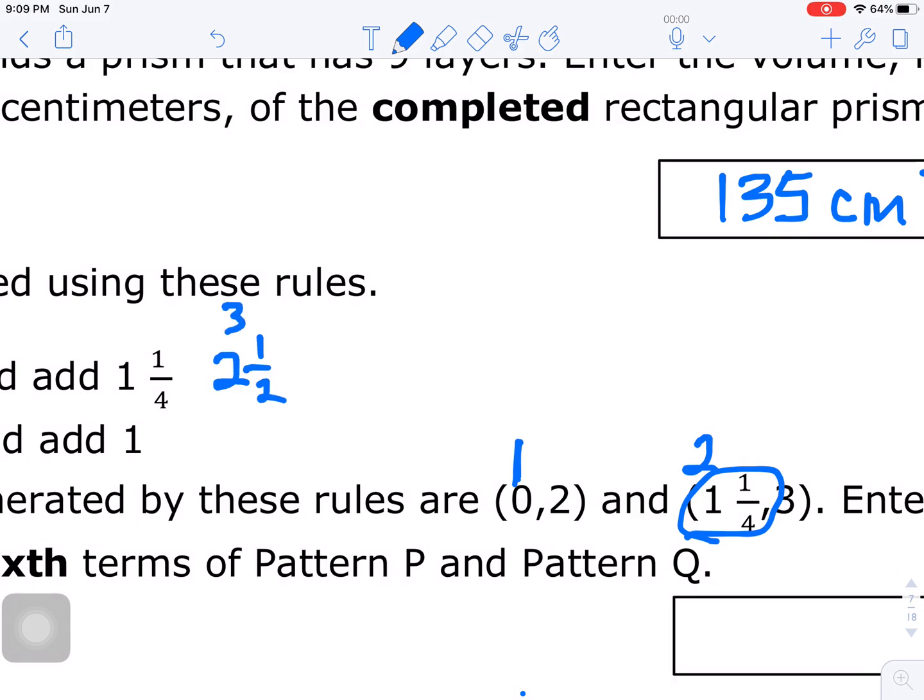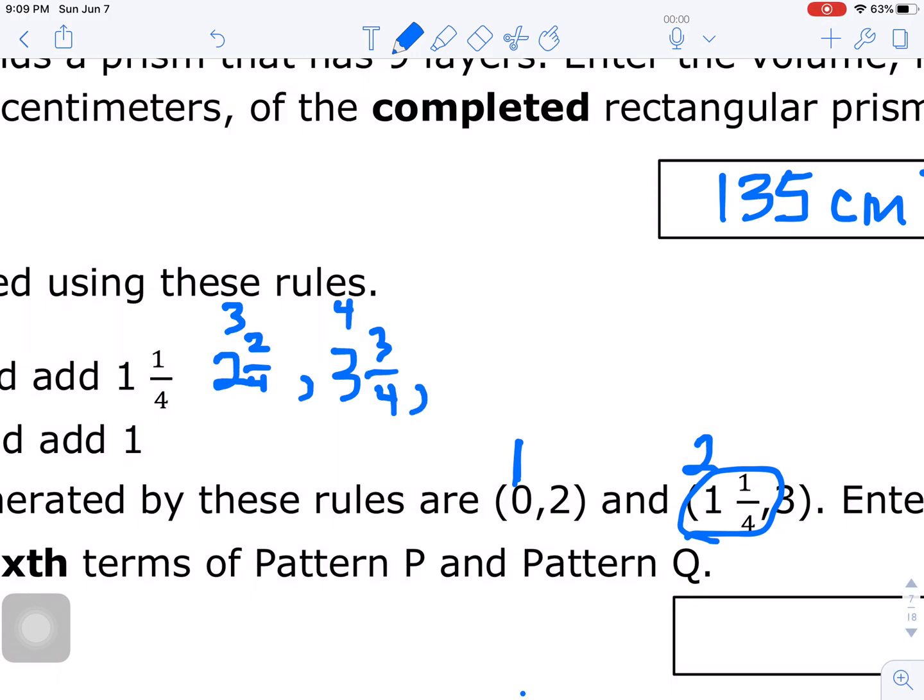That is the third term. Now I could write that as 2 2/4, right? And maybe I'll do that just to help us out a little bit here. So 1 1/4 added to that would be 3 3/4, and that's our fourth term.